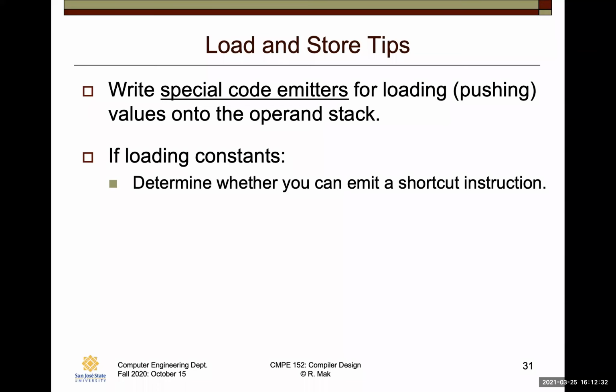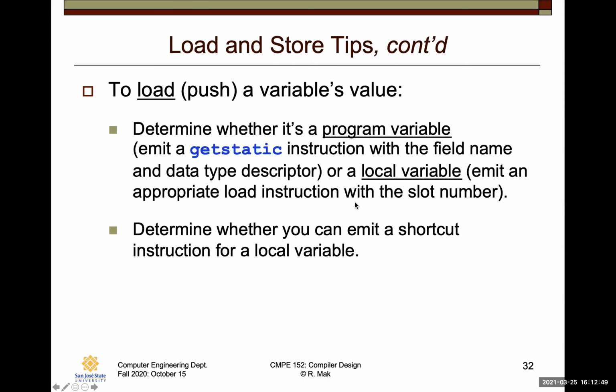Is it global? What's the data type? Can I use a shortcut instruction or whatever? So you put all those decisions in this one emitter function, okay? And so all these various things that you can decide when you are emitting code.